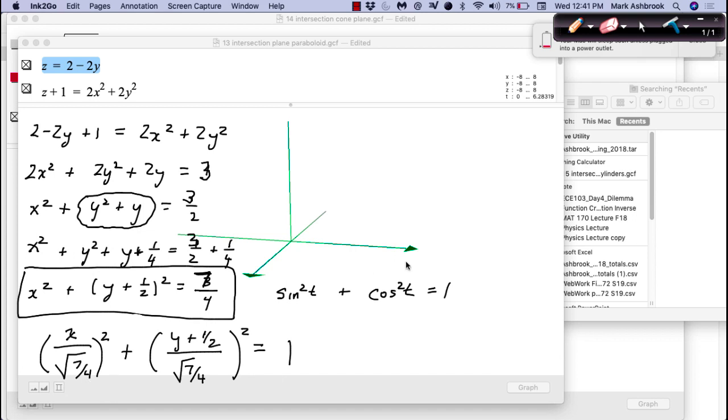Is that 7/2? Let's square the whole thing. Right. And then z again I can get from the 2 minus 2y, plugging in this for y.